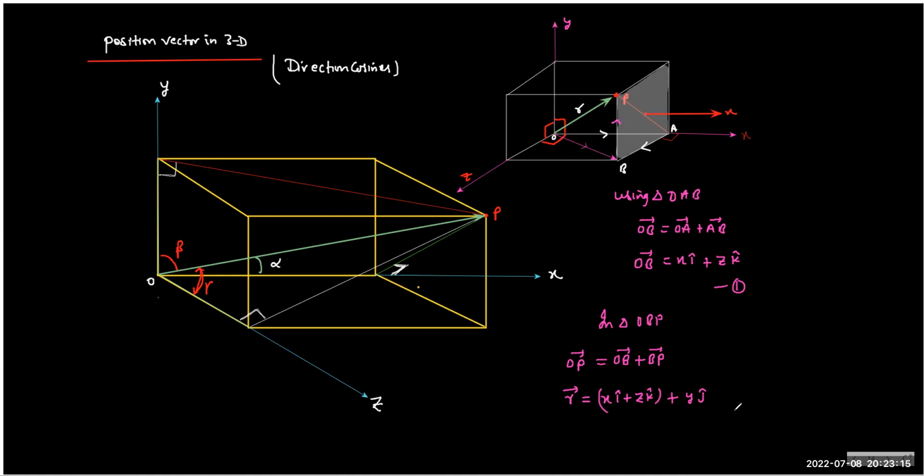Is this clear, guys? How I am writing? And if I rearrange properly, it's pretty simple. I can write x i plus y j plus z k. Nothing extraordinary happened. We just need to write the third term, z k cap. So in 3 dimensions, if I give you 3 coordinates, how to convert into a vector?